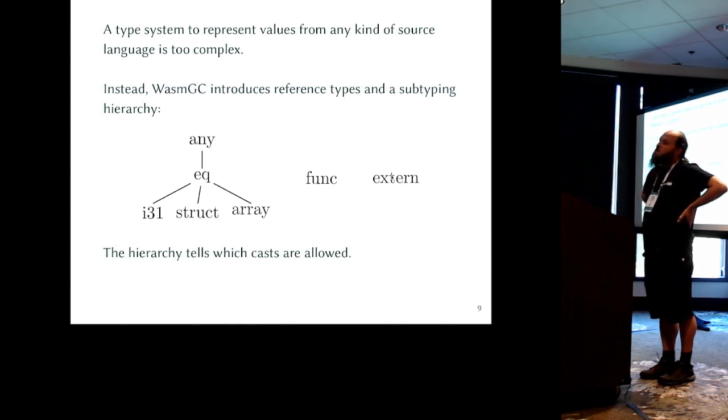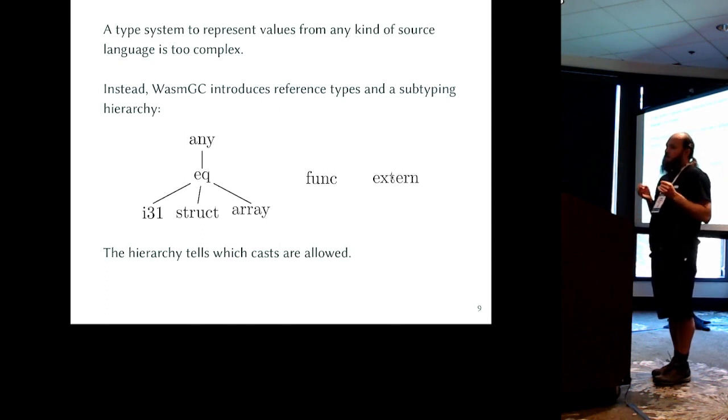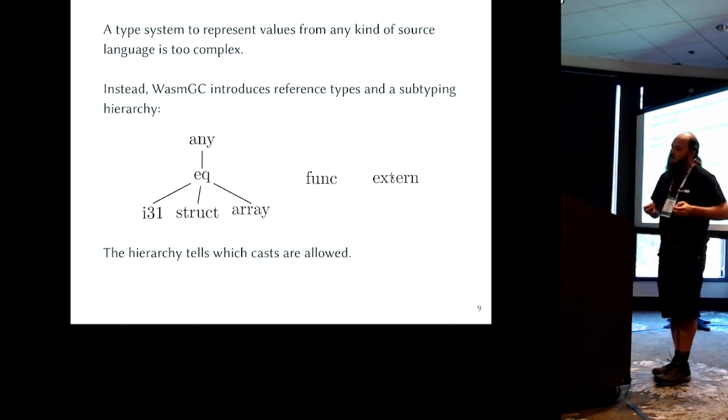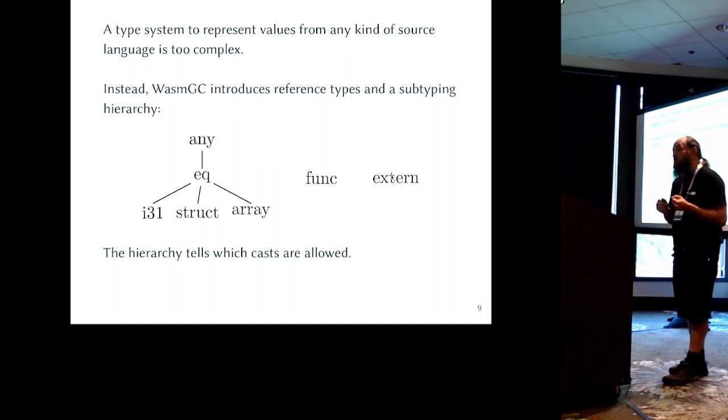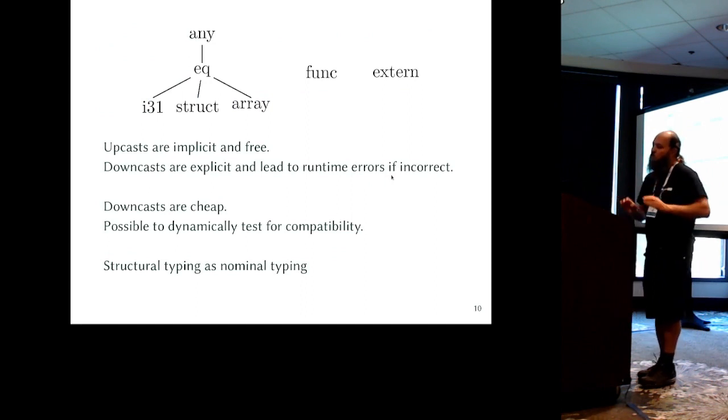But there is a bit more because, well, you want to efficiently access values, and not cast too much. So there is kind of a type system for the objects that you can allocate inside Wasm-GC. It's a type system that allows you to upcast easily, but not downcast naturally. But you can still downcast, and you can downcast quite effectively. So upcasts are completely free.